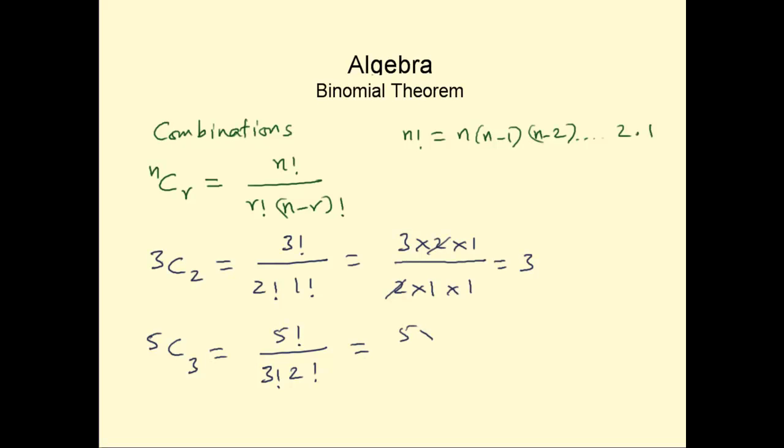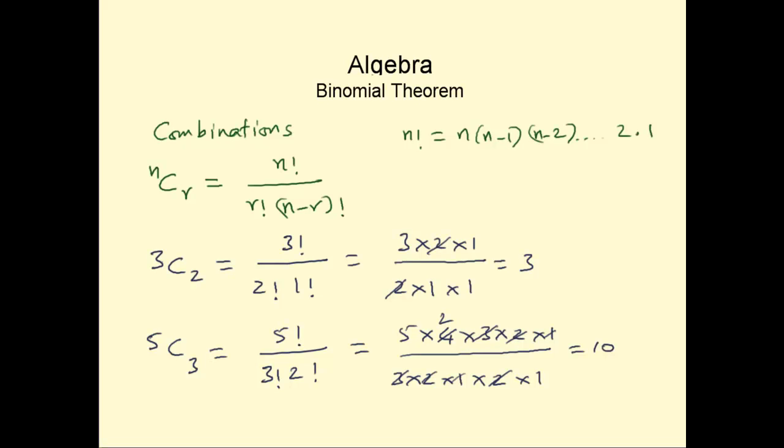So 5 factorial is 5 times 4 times 3 times 2 times 1, and 3 factorial is 3 times 2 times 1, and 2 factorial is 2 times 1. So 3 cancels off, 2 cancels off, 1 cancels off, and 2 times 2 is 4, so this is 10. So 5C3 is equal to 10.